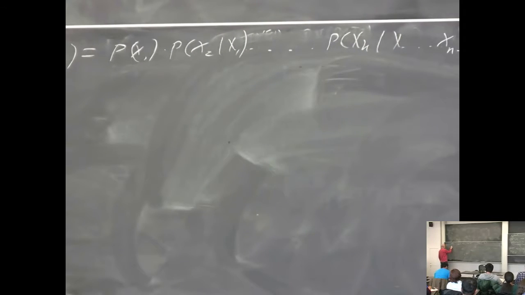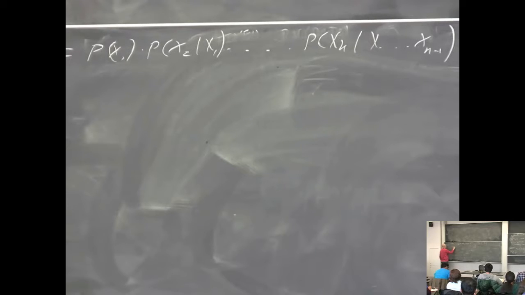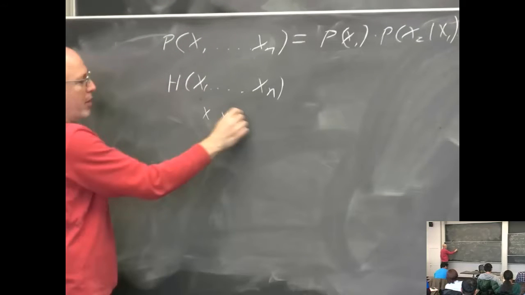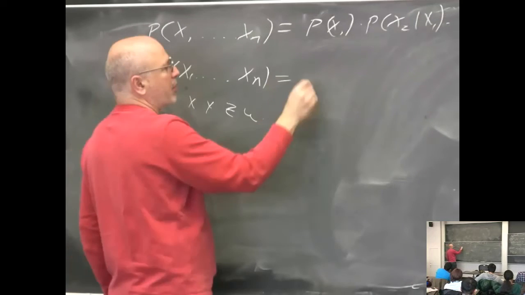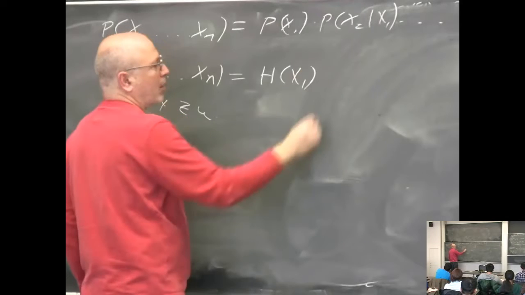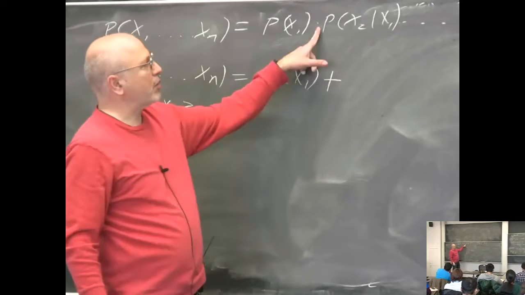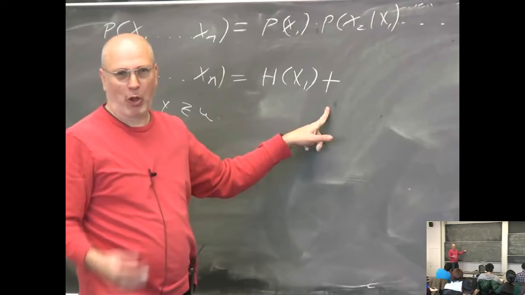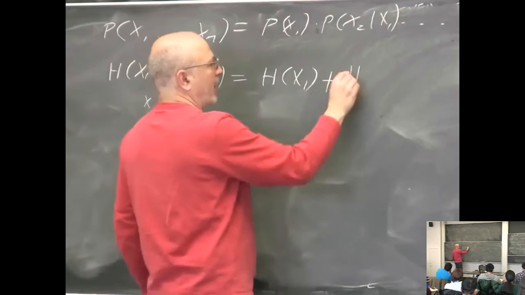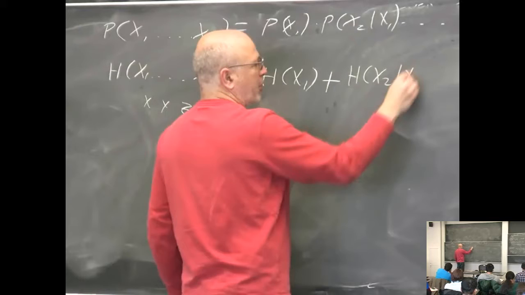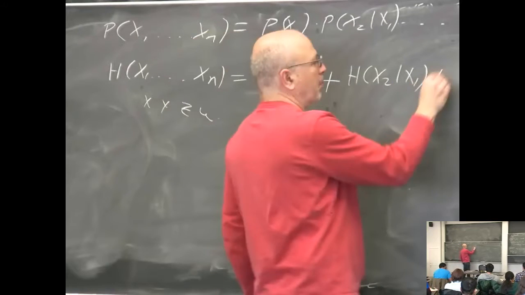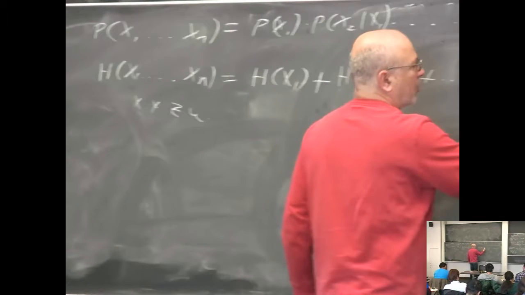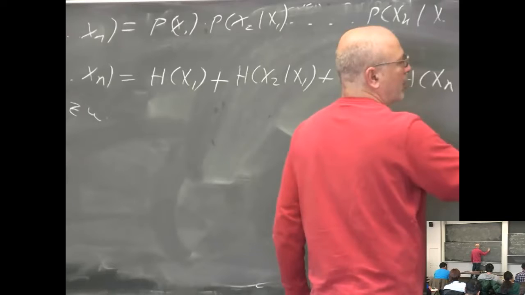So you can think of the joint entropy of x1 through xn. These are all different random variables now, so it's like x, y, z, w, and so forth. It can be written as the entropy of x1 plus, so that's the difference here, this is product, this is sum, because remember entropy is in the space of log p's, and log p's are additive, plus the entropy of x2 conditioned on knowing x1, plus the entropy of xn conditioned on all the x's 1 through n minus 1.